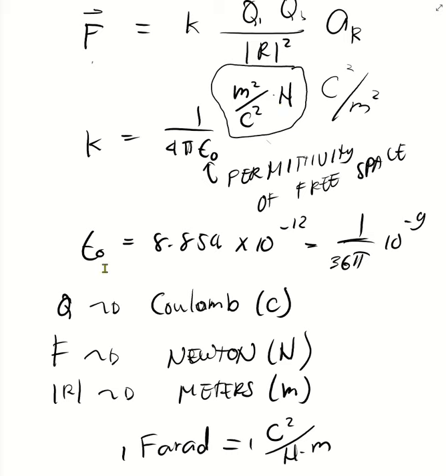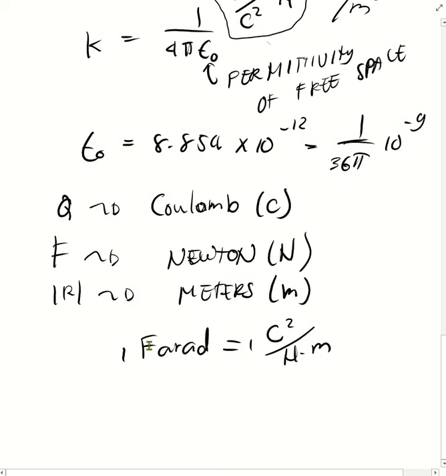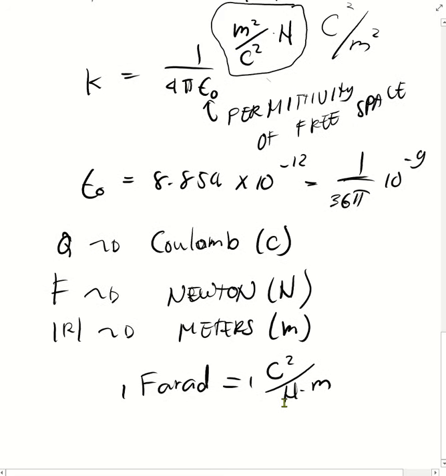But for epsilon naught, we need to know its unit. So we should invert that, because it's 1 over 4 pi epsilon naught. It will be Coulomb squared per Newton meter squared. The 1 meter here will remain, while the other part will be inside the farad, equivalent to 1 farad.